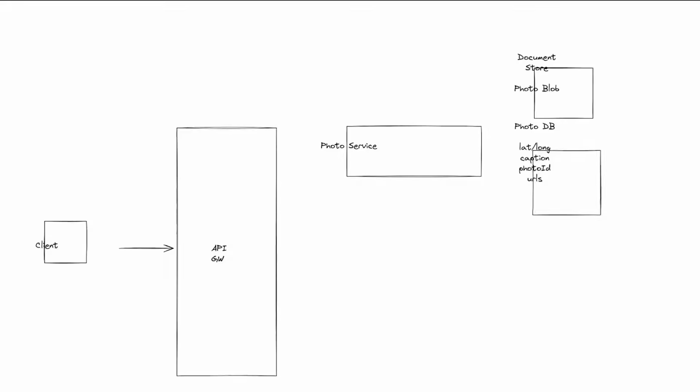Drawing these arrows is kind of annoying. So when we accept a request for a photo, the way I'd like to handle that is we immediately update our photo database with the information that we have available.